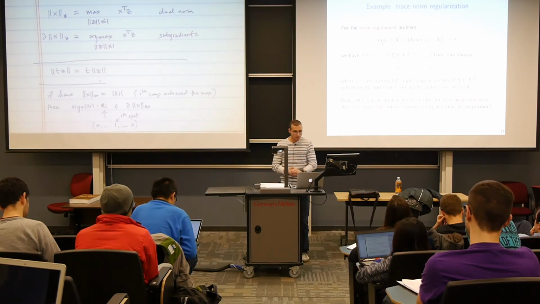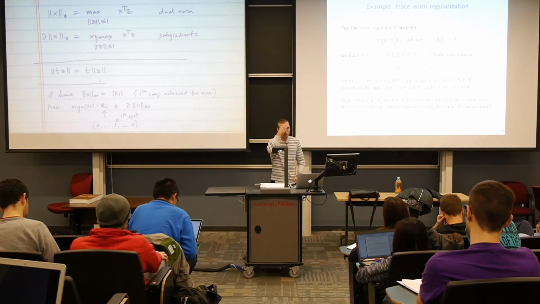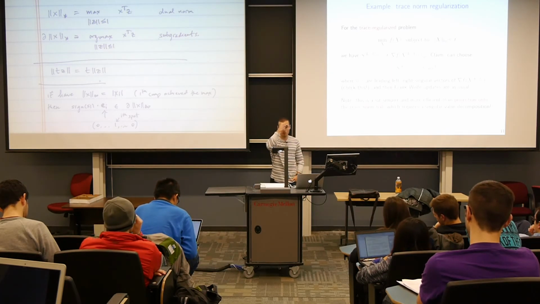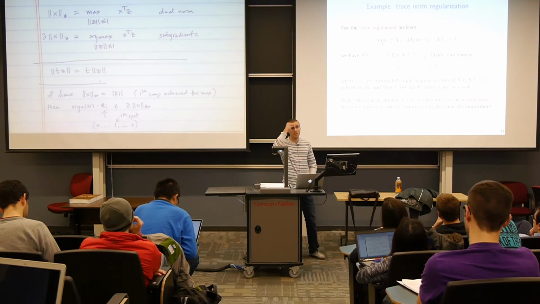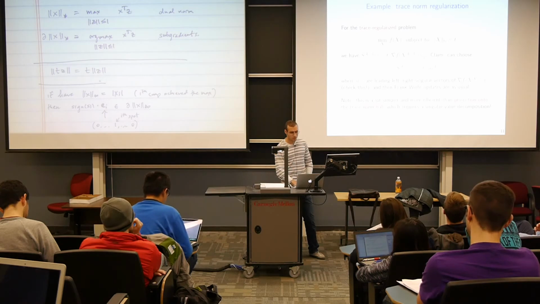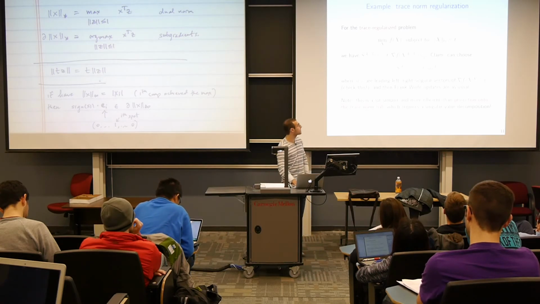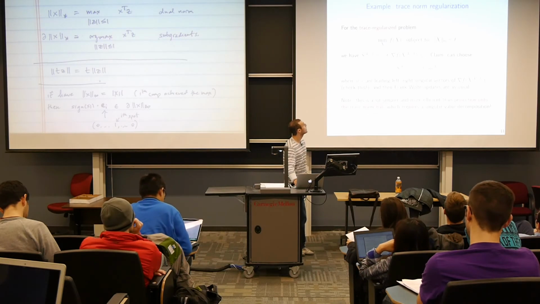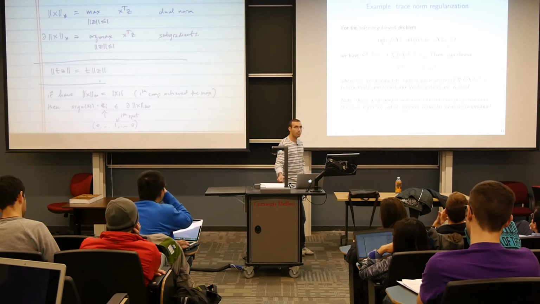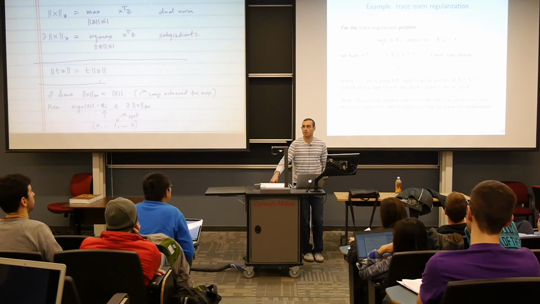A few more examples. Let's look at another norm, but now applied to a matrix variable. Suppose we had a trace norm constrained problem. Remember, the trace norm of a matrix is the sum of the singular values. Let's suppose we wanted to perform the Frank-Wolfe updates here. We would just use the fact that the dual of the trace norm is the operator norm, the largest singular value.